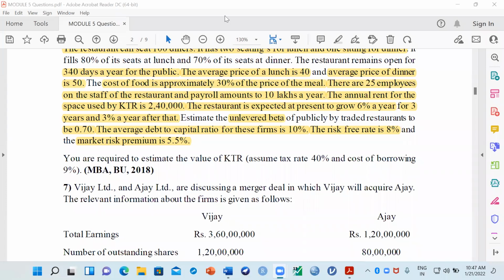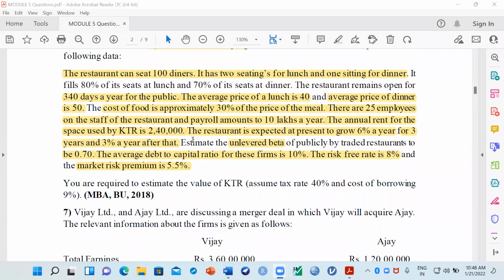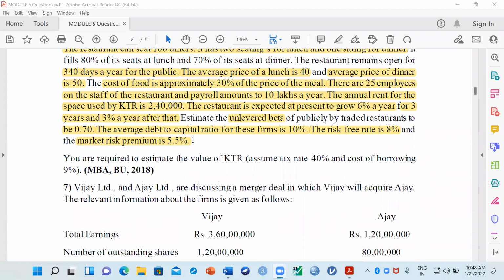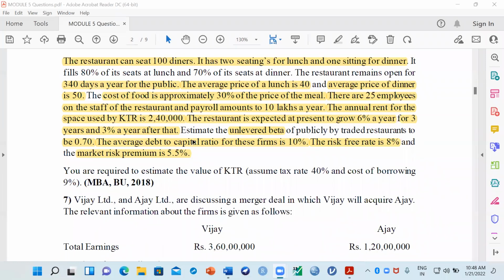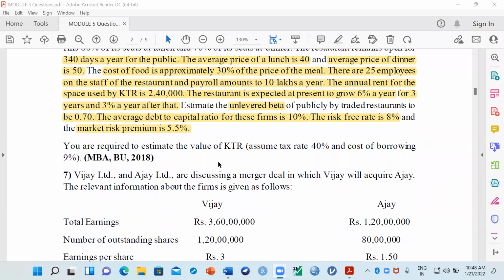Can you put your answer in the chat box? Why do we need this information? What is the purpose of this information? Okay, cost of equity. Right.